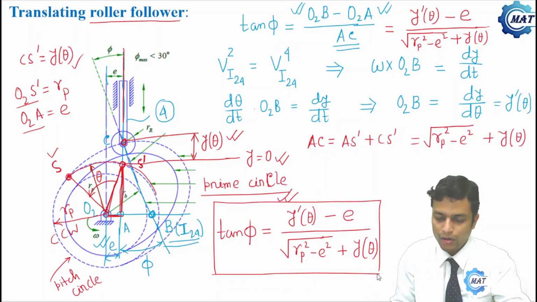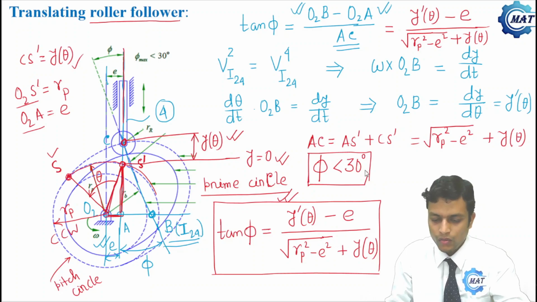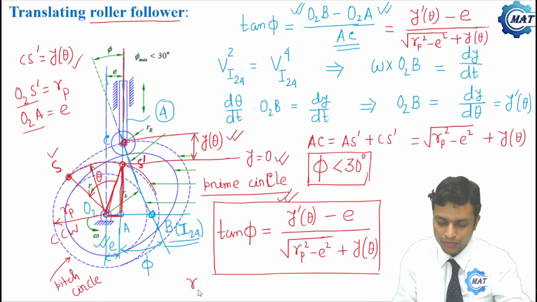And for a cam follower mechanism, during the rise phase, phi must be less than 30 degrees. With these two, we are going to calculate the minimum value of base circle radius, RB min, and the value of minimum offset.